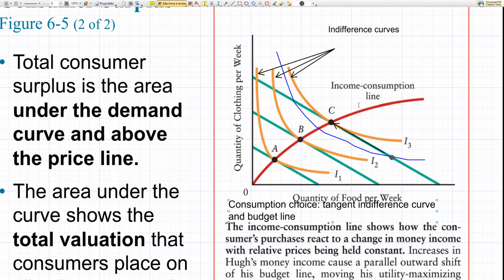All right. Lastly, consumption choice is the tangent between indifference curve and budget line. All right. So that's the optimal thing I can do. Now, question is, what do these indifference curves represent? Well, they actually represent levels of utility.